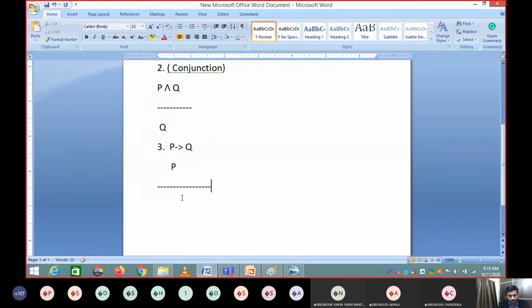P implies Q and P was there, you will get Q. You have two statements, P implies Q and P, then the inference is Q. This is called modus ponens.